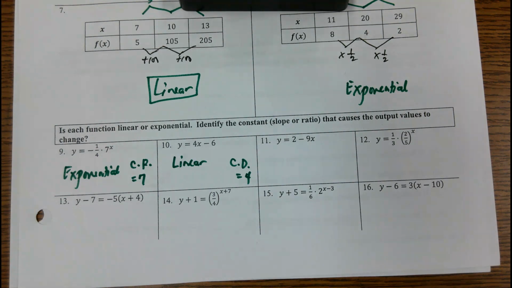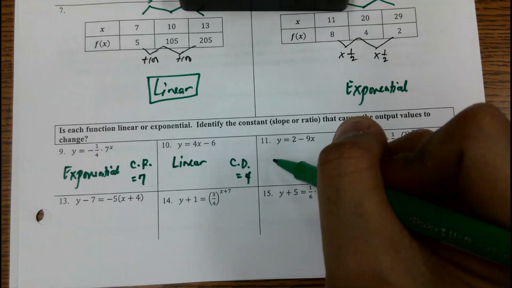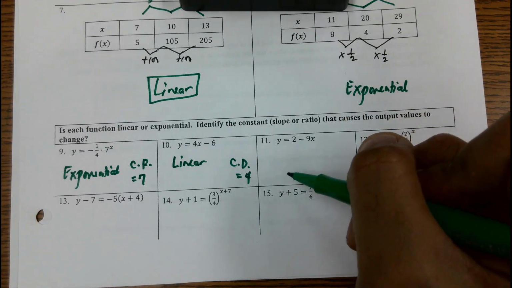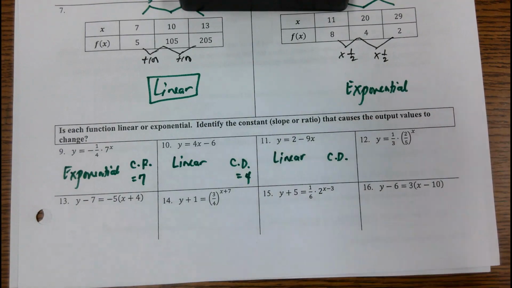I want to try Cake this time. Number 11, what's the decision? Linear or exponential? Linear. What's the common difference? Wrong answer. Ariel, linear or exponential? Number 11. Linear.